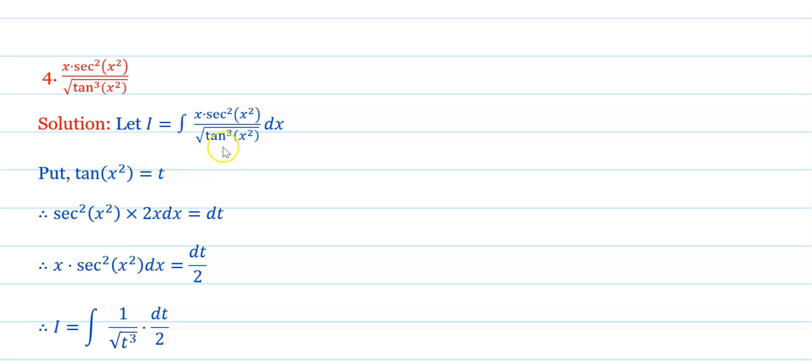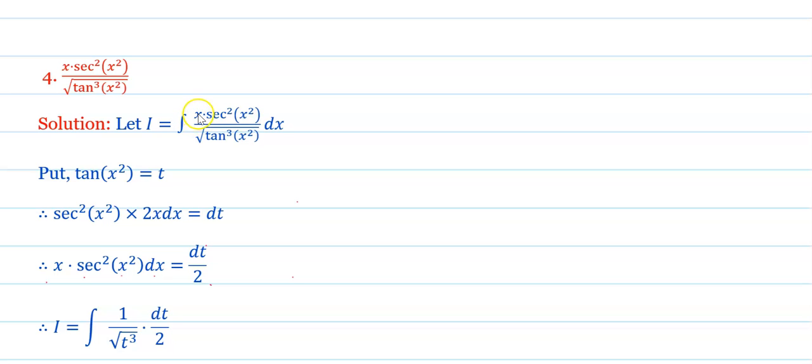The derivative of tan of x square is sec square x square into d/dx of x square, which will be 2x. And therefore sec square of x square into 2x into dx, and therefore the value of x sec square of x square into dx is equal to dt upon 2.